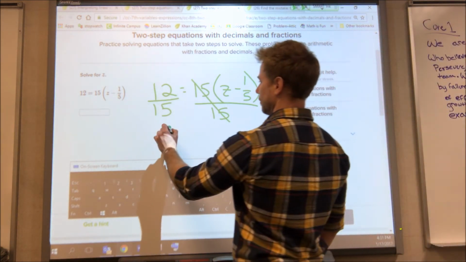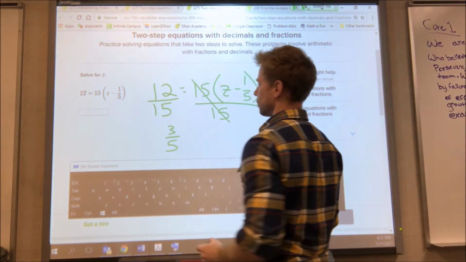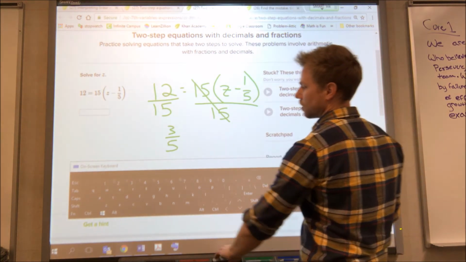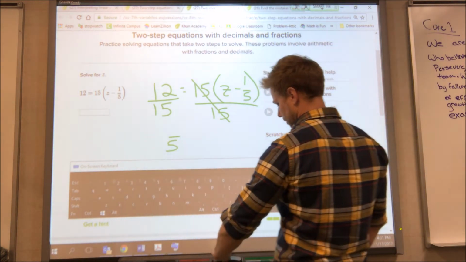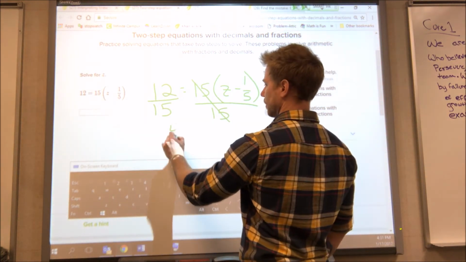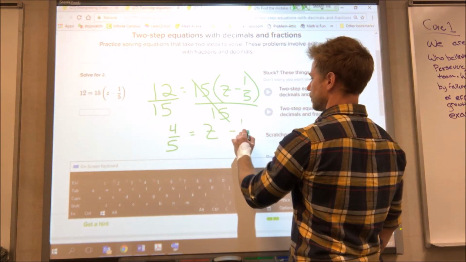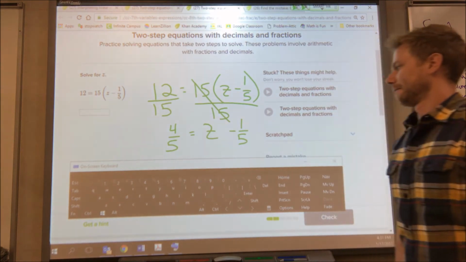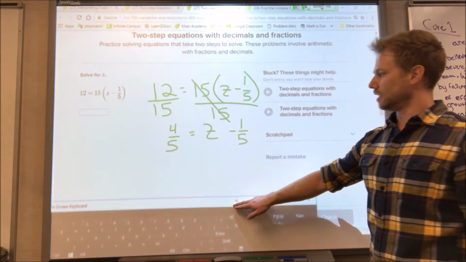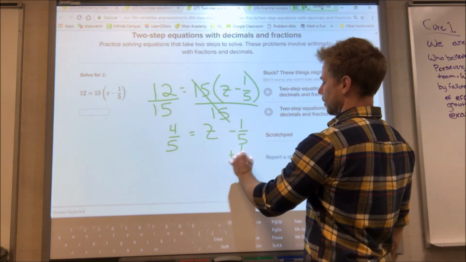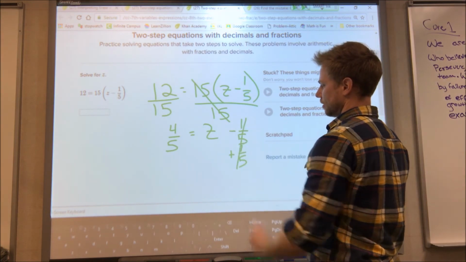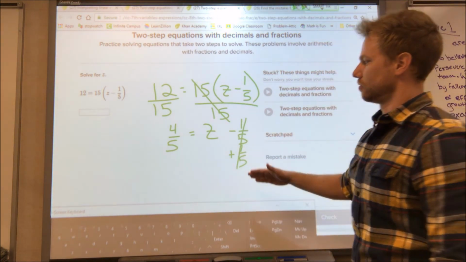Okay, 12 divided by 15 is 3/5. Nope, actually it's 4/5. Change that. 4/5, and then I have z minus 1/5. Okay, opposite of what I see, I'm going to add 1/5 instead of subtract. Negative 1/5 plus 1/5 is 0.